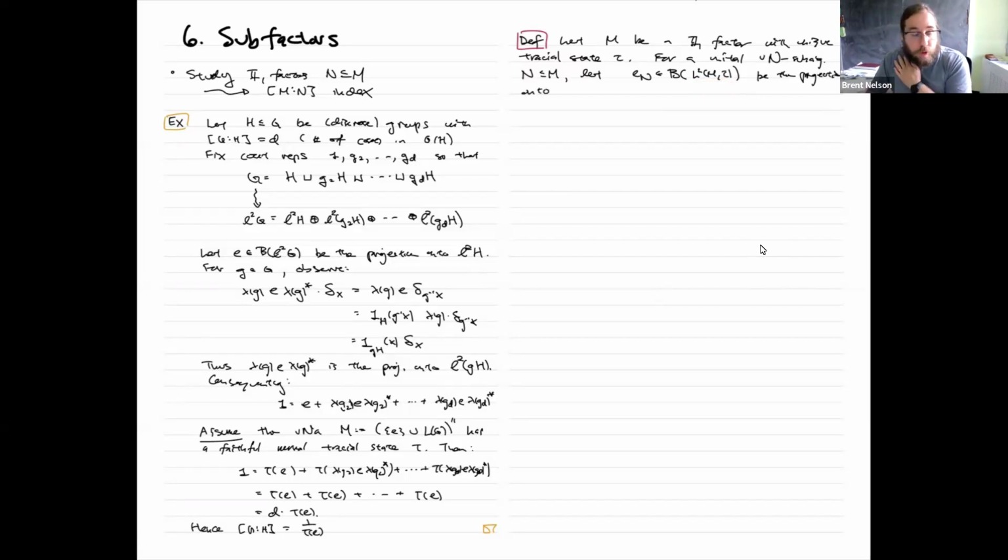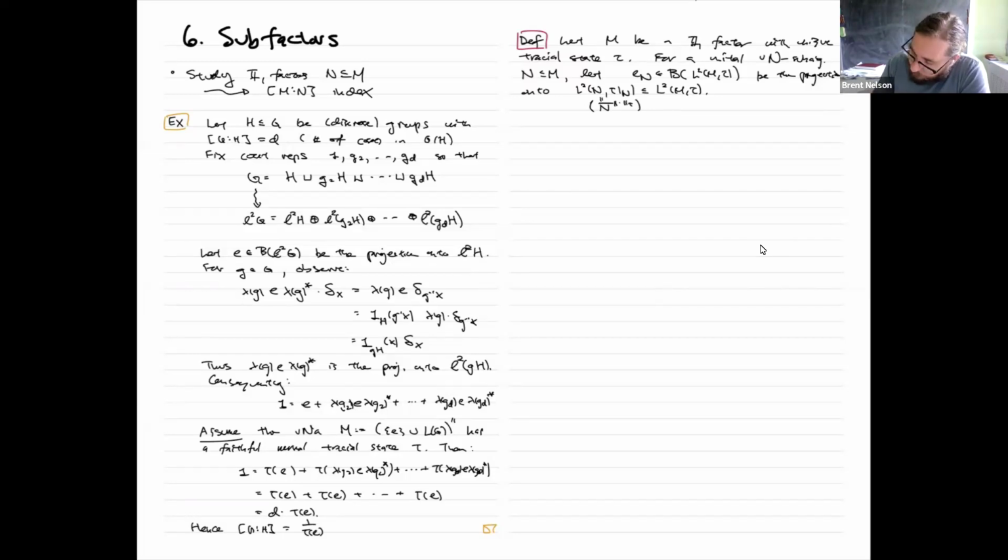We want it to play the role of the projection E in my example. So it's going to be a projection onto the subspace associated to the subalgebra, onto L2(N), the GNS Hilbert space associated to the restriction of tau to N, which we view as a subspace of L2(M, tau). If you want, this is just the closure of N under the norm induced by tau.